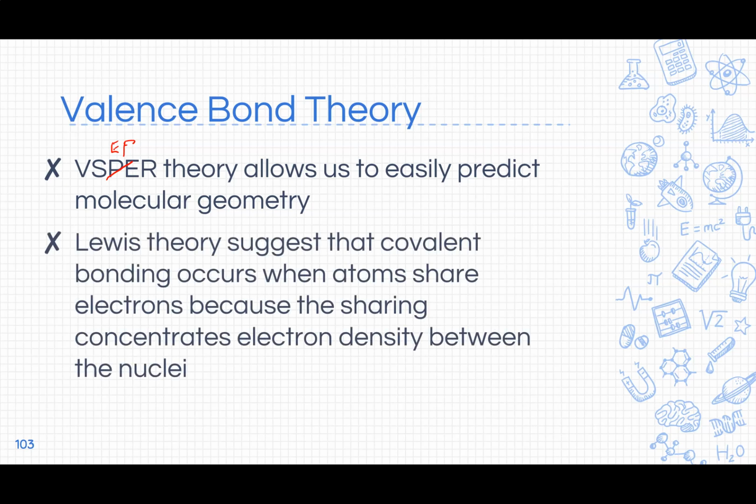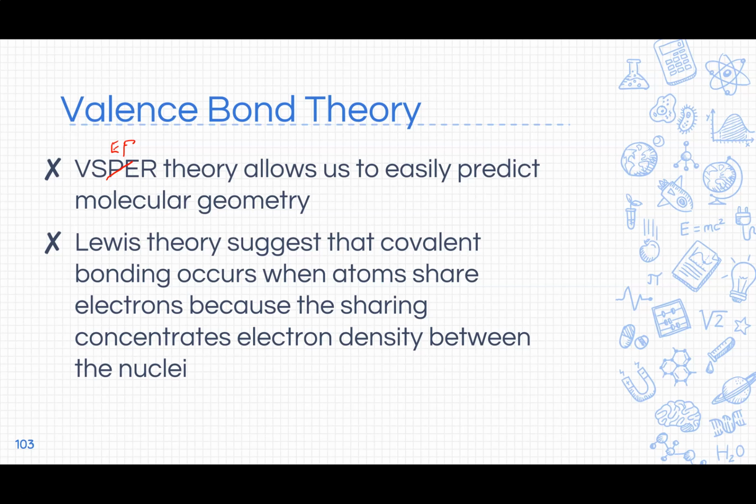We use the Lewis theory or Lewis dot diagrams to show that covalent bonding occurs when atoms share electrons because the sharing concentrates the electron density between the nuclei. That's a complicated way of saying that when they share electrons, everybody feels like they have 8, right?